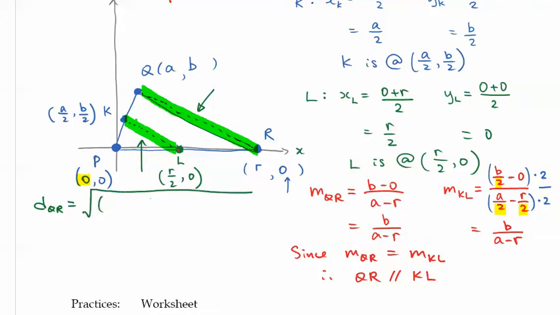But we can come up with the difference of the x coordinates and then the difference of the y coordinates, simplify it. And that probably simplifies to something like this. That's the distance from Q to R.